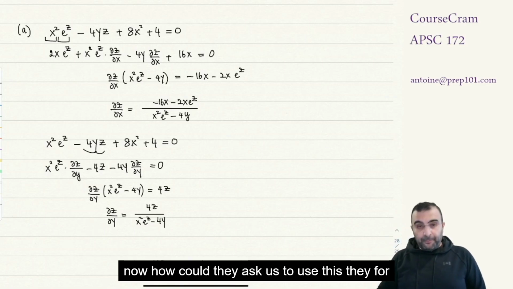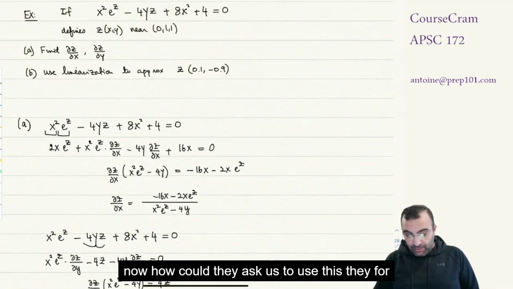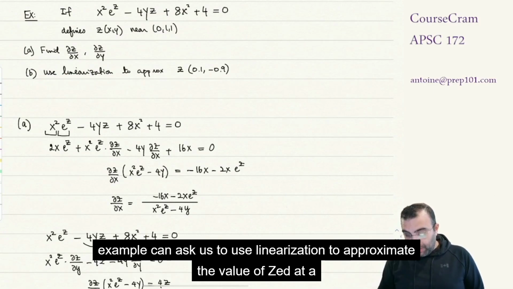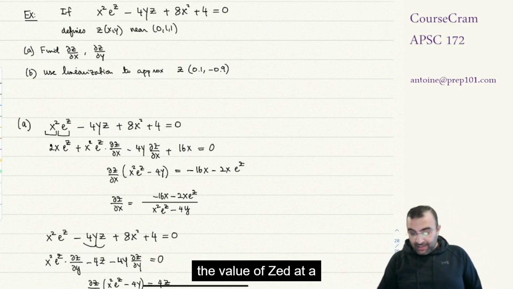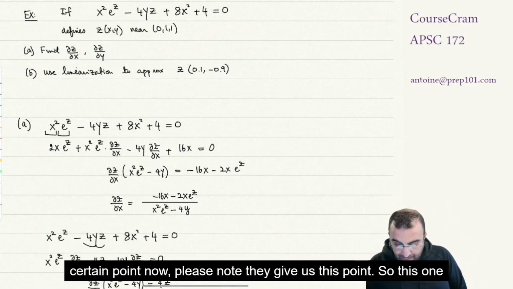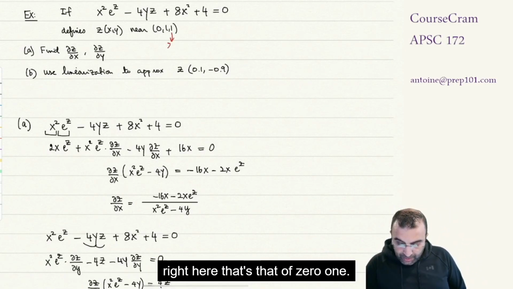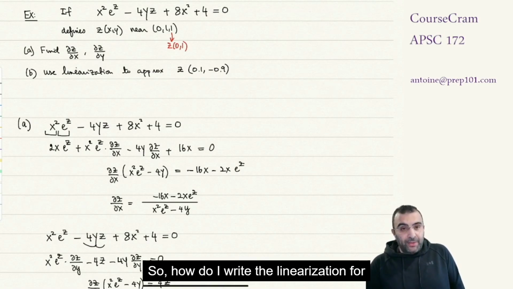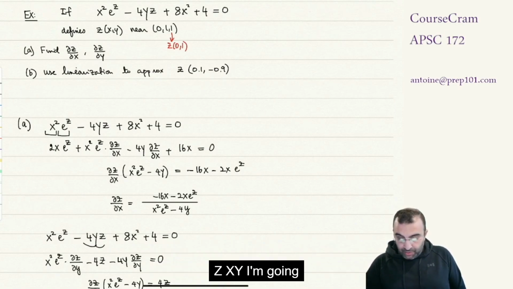Right? Now how could they ask us to use this? They, for example, can ask us to use linearization to approximate the value of z at a certain point. Now please note, they give us this point, so this one right here, that's z of (0, 1). So how do I write the linearization for z(x, y)?